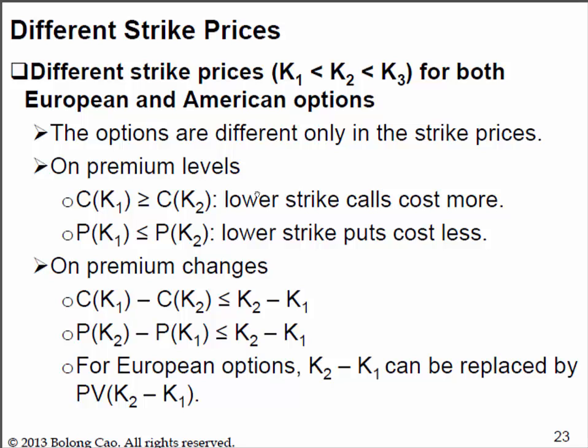In other words, as the strike price in puts becomes lower and lower, the put premium will decline. And for calls, as the strike price becomes higher and higher, the call premium will decline.